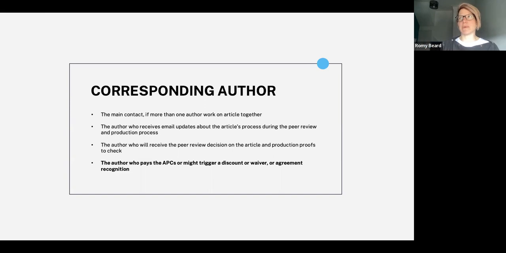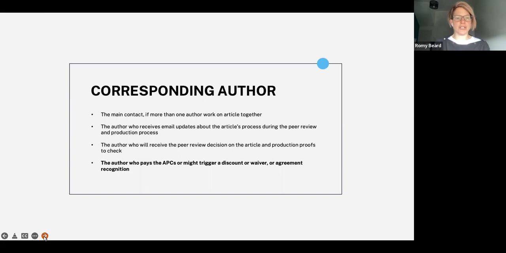So it's something to think about when you're collaborating and working on an article. Who is the corresponding author? You might want to discuss that, if there's any choice, to see who could get free publishing for this publisher or that publisher. So perhaps something to think about, who will submit it if you all work closely on an article.